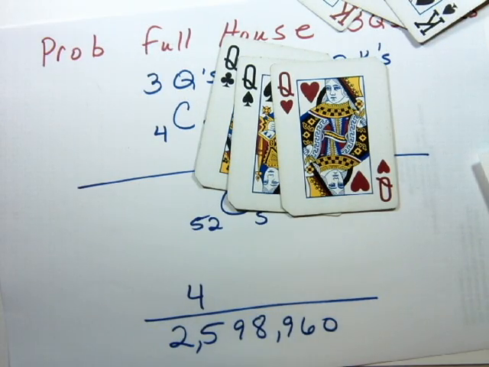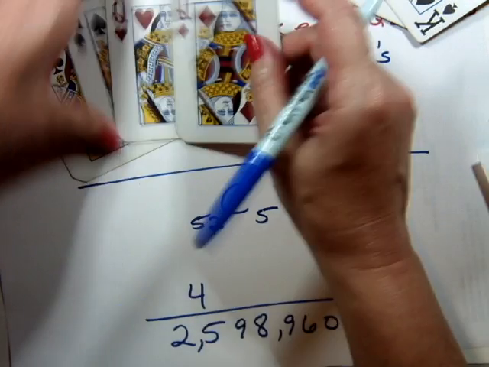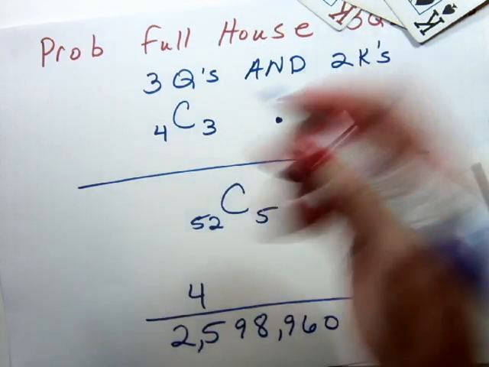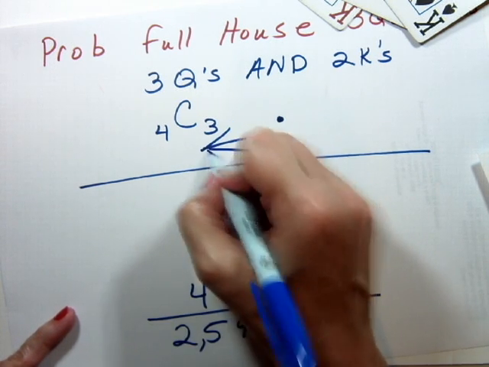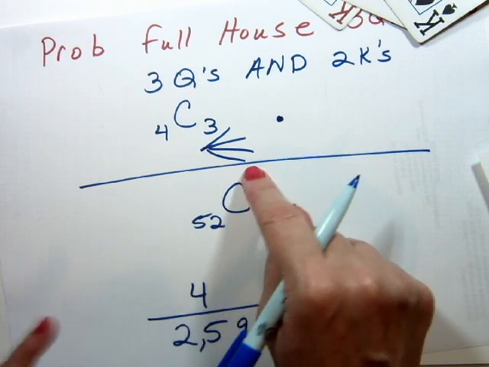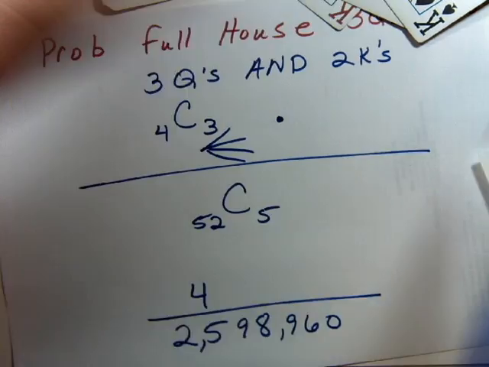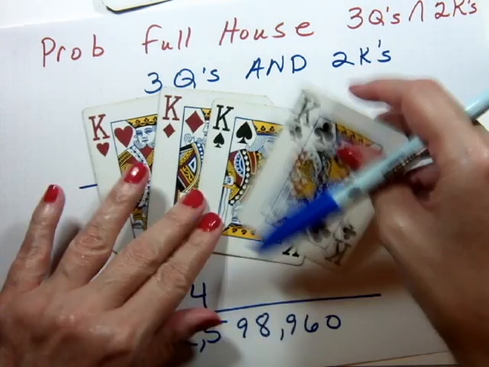There's 4. Now, I'm going to pair those 3 queens. You'll see why I'm multiplying, because how many ways could I get 3 queens? There were 4. So I could get the queen of hearts, queen of diamonds, queen of spades, queen of clubs. I list them. Now with those, I'm going to put 2 kings. How many ways can you get 2 kings?